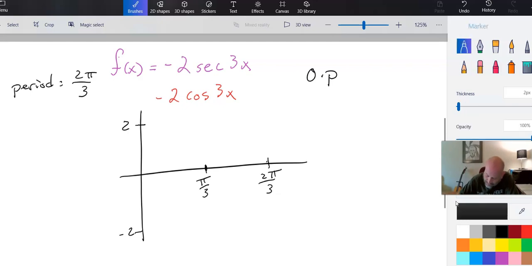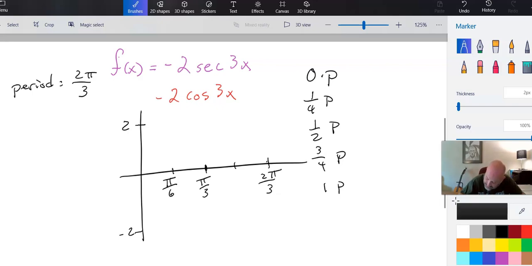So what we just worked out was 1 times the period, which is 2 pi over 3, and then 1/2 the period, which is pi over 3, and then 1/4 of the period would be pi over 6.